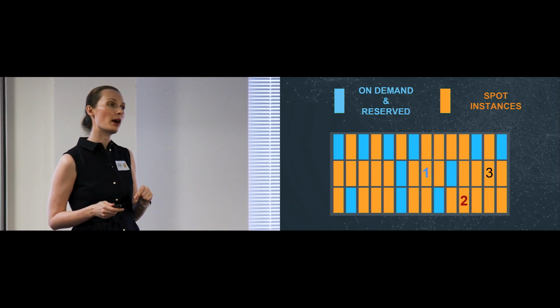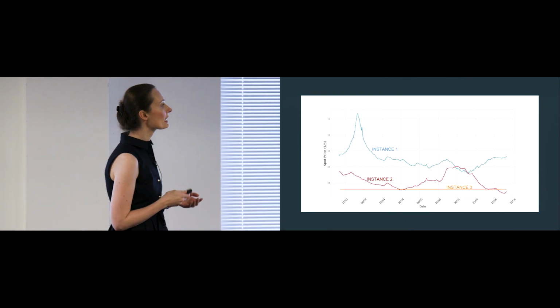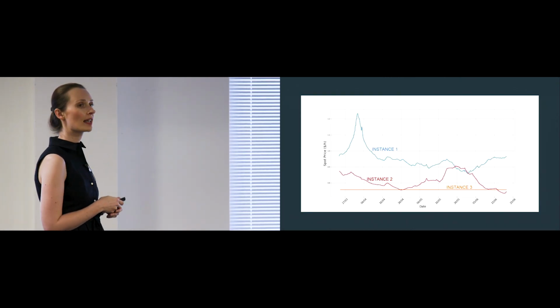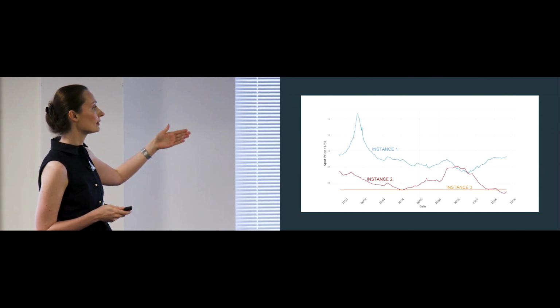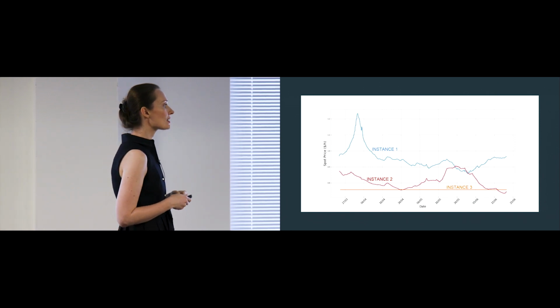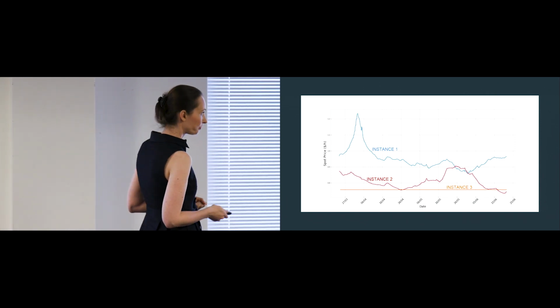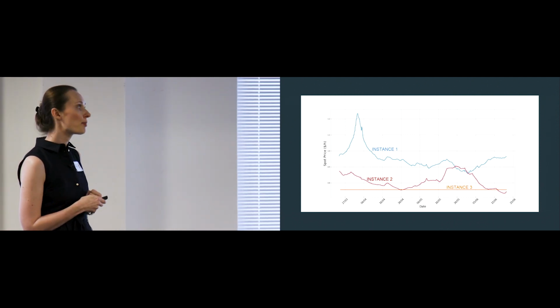To be more complex, there are many types of instances, and each of them has its own pricing market. If you look at the example of three, each of these instances has its own price that changes in real time, which is represented by the colored line. Amazon gives us 90 days of history of this price. But here is the fun part: we can bid on the prices.